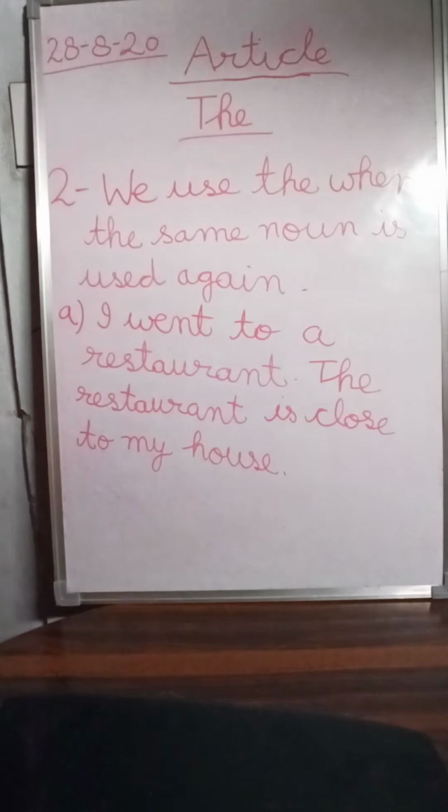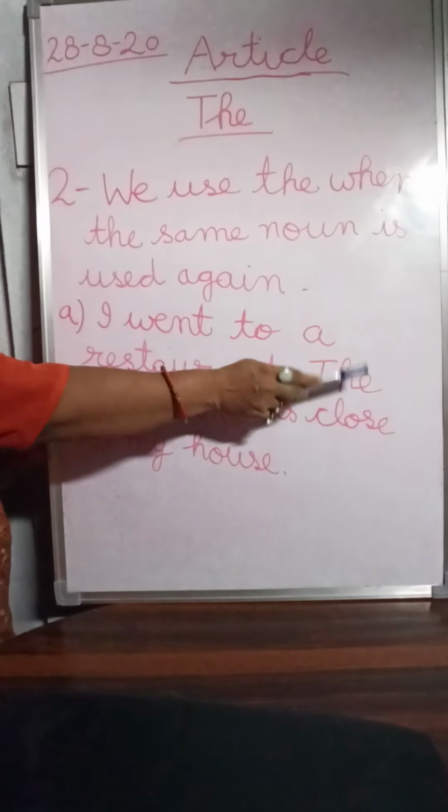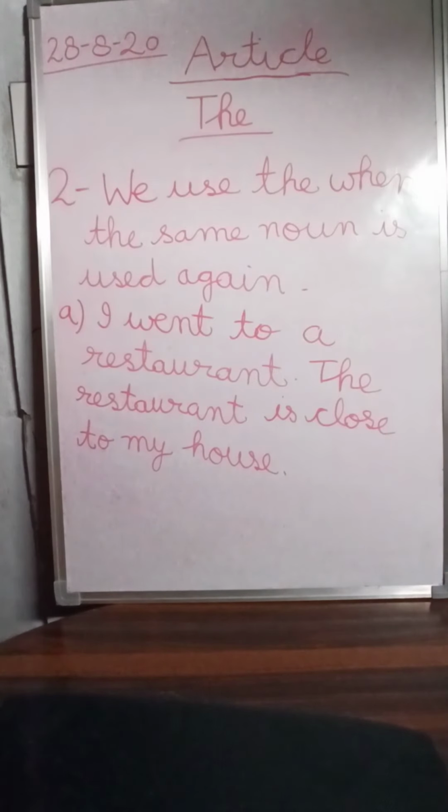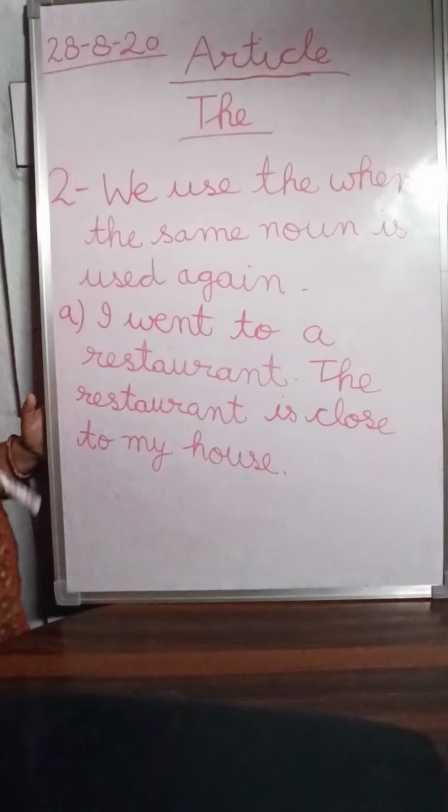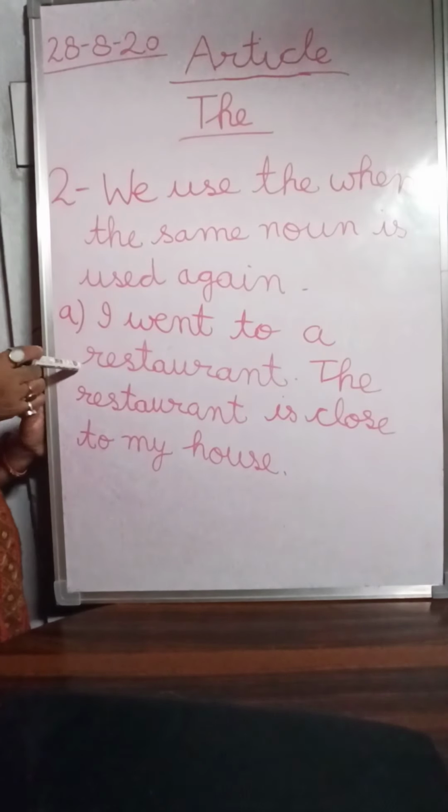Now students, see, here I have written two sentences, and if you read the sentence twice or thrice, you are able to understand why I have written here the and why I have written here a. In first sentence I am saying I went to a restaurant. मैं एक रेस्टोरेंट में गया. तो यहाँ पे हम एक रेस्टोरेंट के बारे में बात कर रहे हैं.